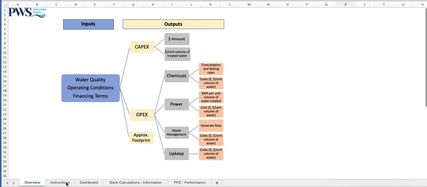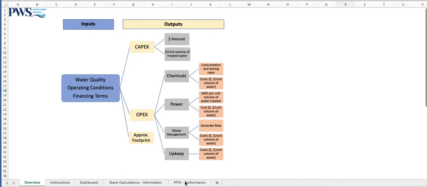The second section provides some basic instructions on how to use the tool. The third section is a dashboard, which is your main interaction with the tool itself, where you put your input and get your output. There's a section about back calculations and information on how the outputs are calculated and what methods are being used.